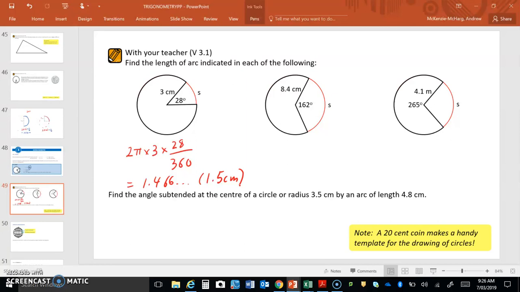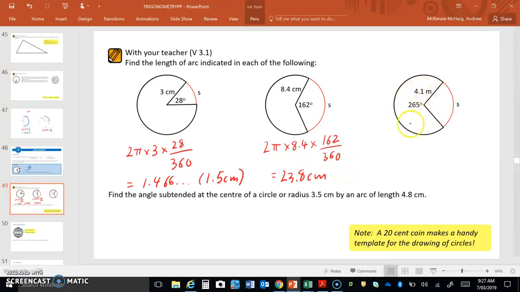Right, so you might want to pause the video now and try the other ones, then I'll have a go at them. Okay, so for this circle here, 2 pi by 8.4 and 162 on 360, which gives us, to 1 decimal place, 23.8 centimeters.